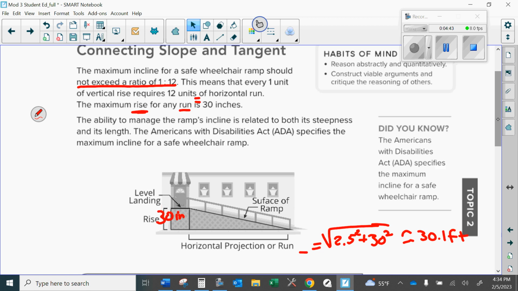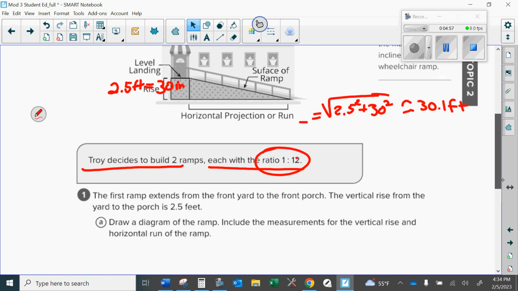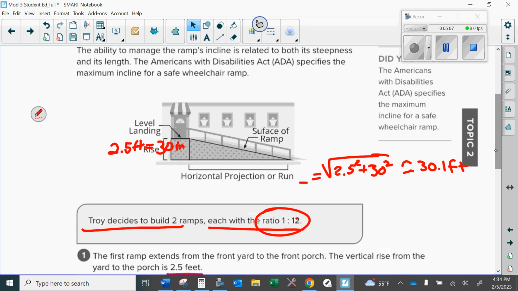So if I do 30, oh, that's where I just changed it into feet. 30 inches is 2.5 feet. That's what I did. I just converted inches to feet. Maybe down here it asks in feet. Oh, okay. So they changed it to feet down here. That's why I had done that before. So 30 inches. If the length has to be 12 times long, that'd be 360 inches, right?